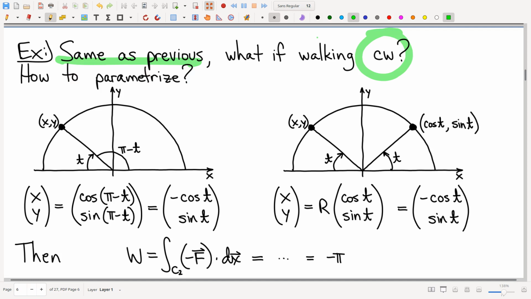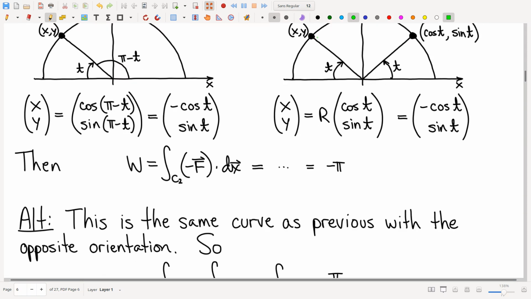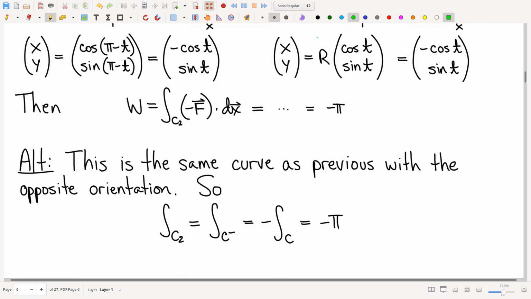The clever move, though, is what we were just talking about, is to just say, oh, well, look, this is the exact same curve. Everything's the same except for the orientation. We know that this curve, just being the opposite orientation, is just going to amount to a minus sign.